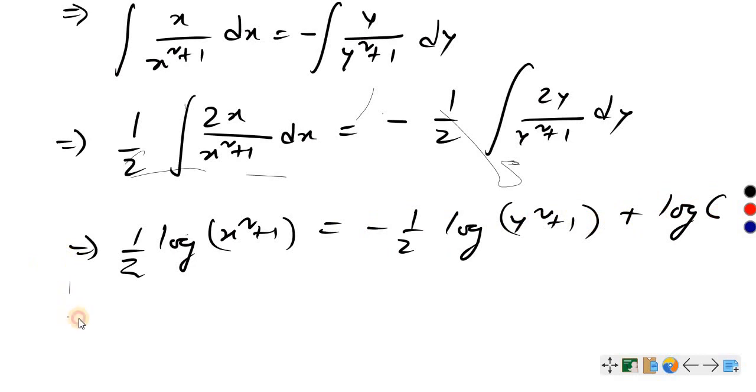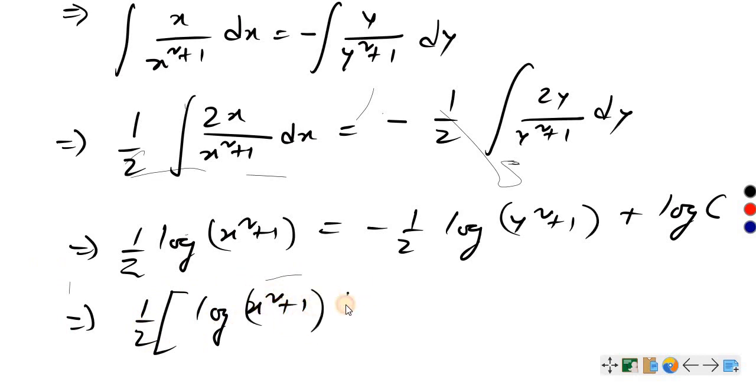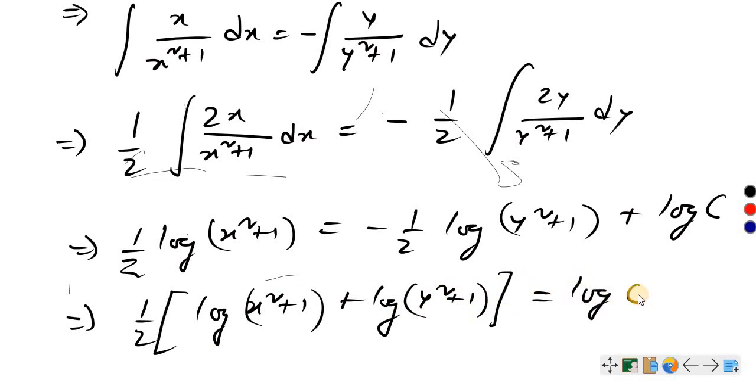So this can be further written as, if you take this side, half is common here, and we can take half of [log(x² + 1) + log(y² + 1)] equals log c.